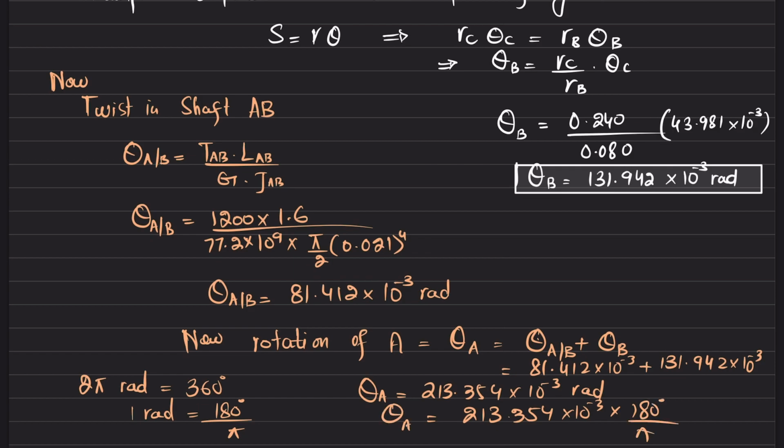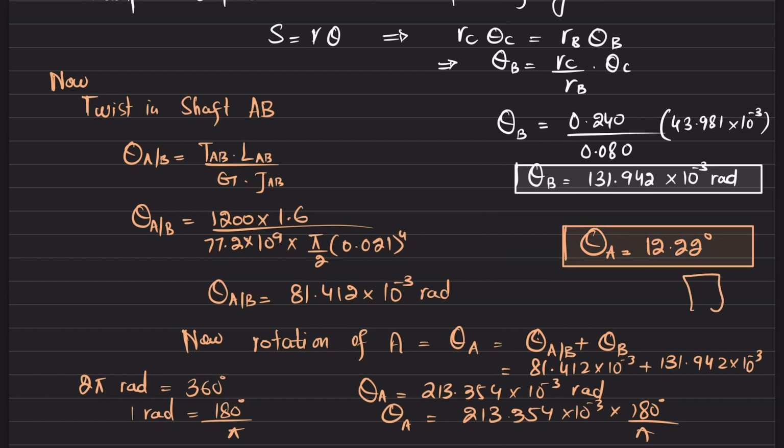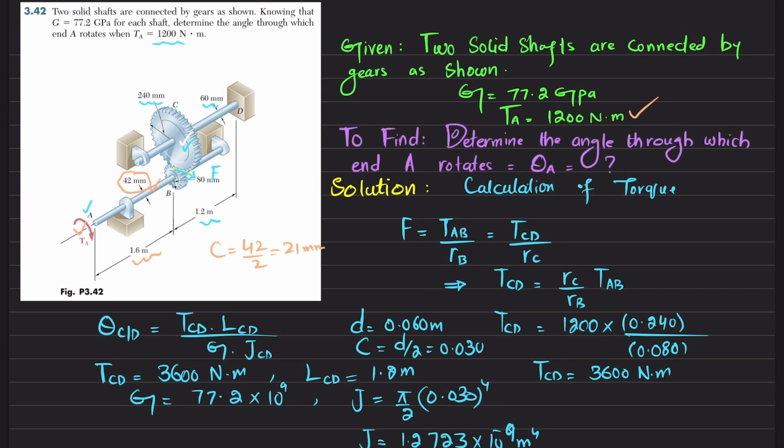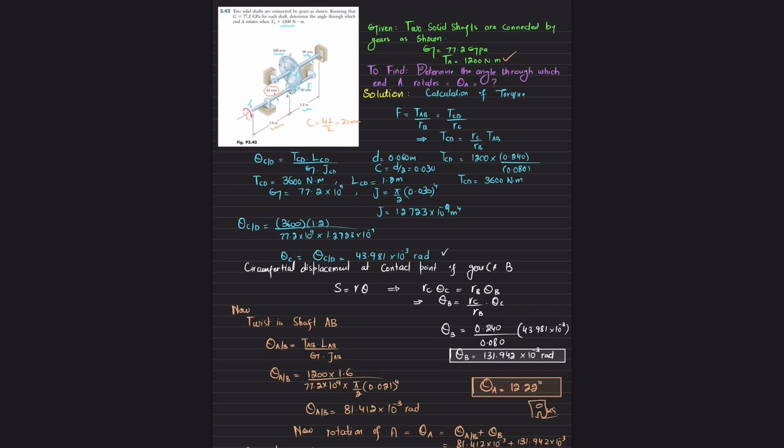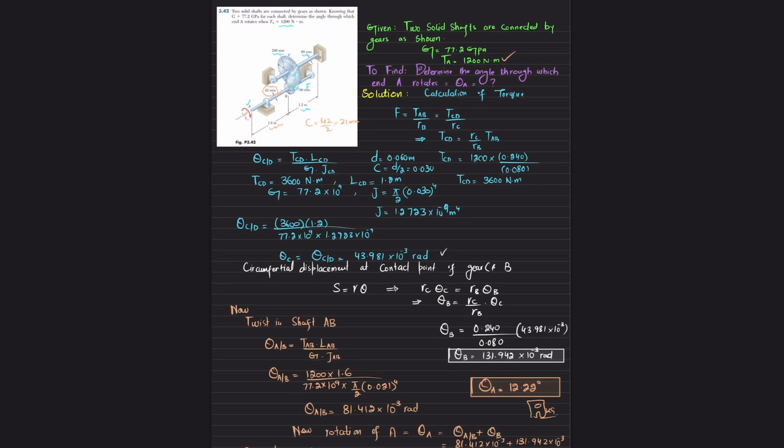So you will get angle of twist theta A will be equal to 12.22 degree, which is the answer. Because you can see that this is due to angle of twist in shaft AB plus the angle of twist in gear AB, which is equal to theta A. And that was all about this problem 3.42.